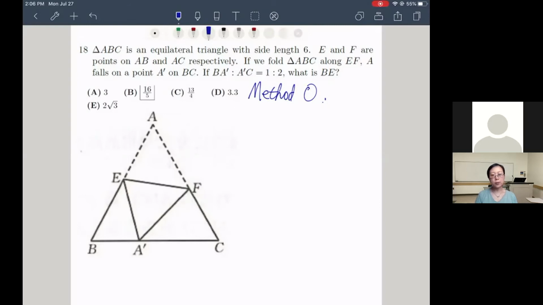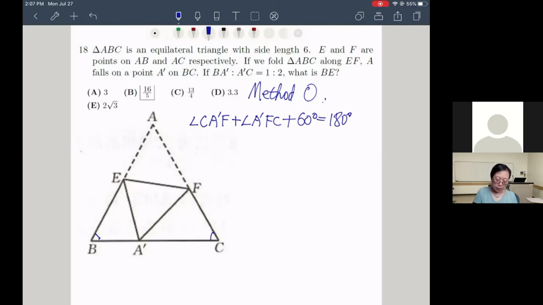Let's see why that is. We know that both B and C angles are 60 degrees. They're the same, right? Let's look at angle CA prime F. If we add A prime FC, then add 60 degrees, we know that this is 180 degrees because they are the 3 angles of the triangle A prime FC.